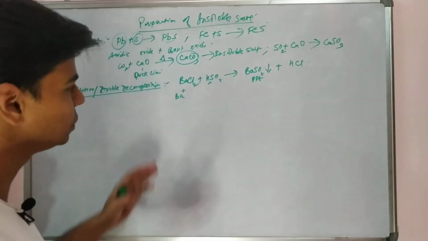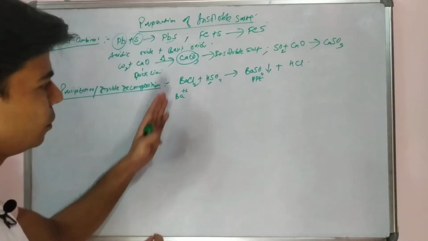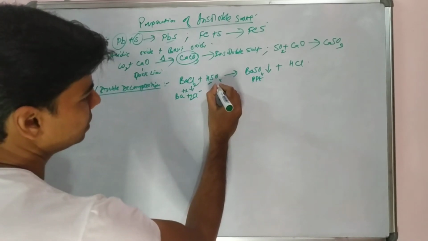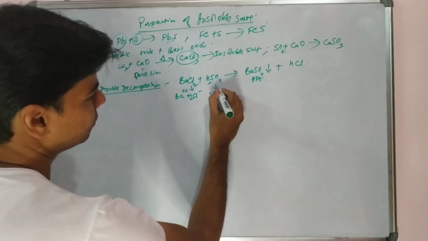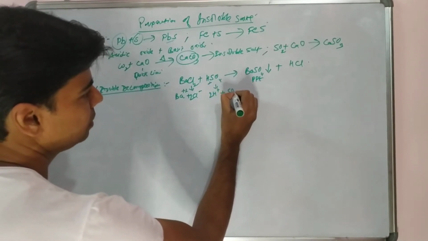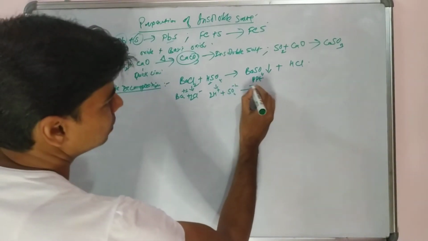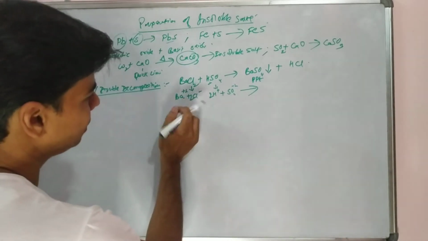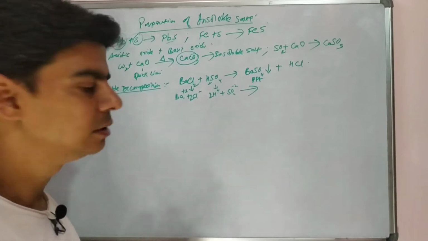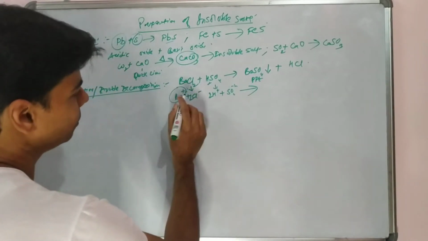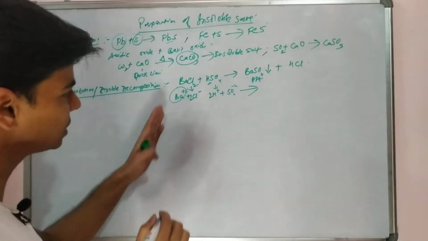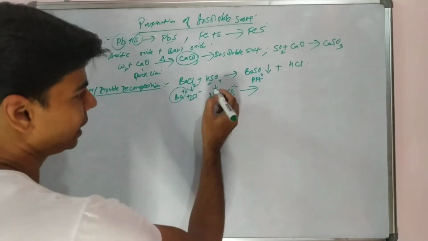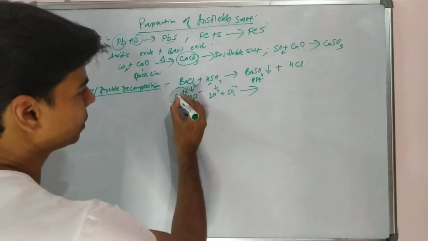If we look in solution, barium chloride will dissociate into barium and chloride ions. Similarly, sulfuric acid forms two hydrogen ions and a sulfate ion. In double decomposition, these ions are called radicals. The positive radical of this compound will react with the negative radical of the other compound, and the negative radical of this compound will react with the positive radical of the second compound.